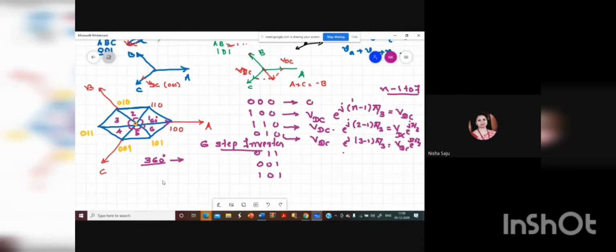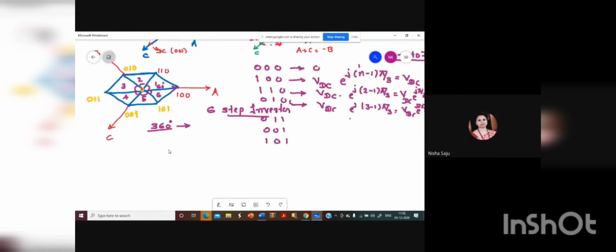Then, one more point is there. If you are having this hexagon like this, we'll draw that hexagon once again. Here you are having 1, 0, 1, 1, 1 or 1, 0, 0, 0. And the average variation of the voltage space vector will move along a circle with uniform velocity.